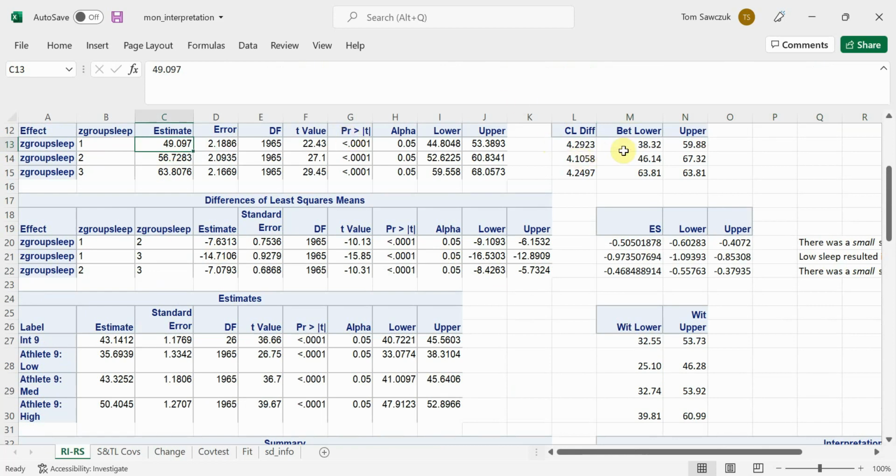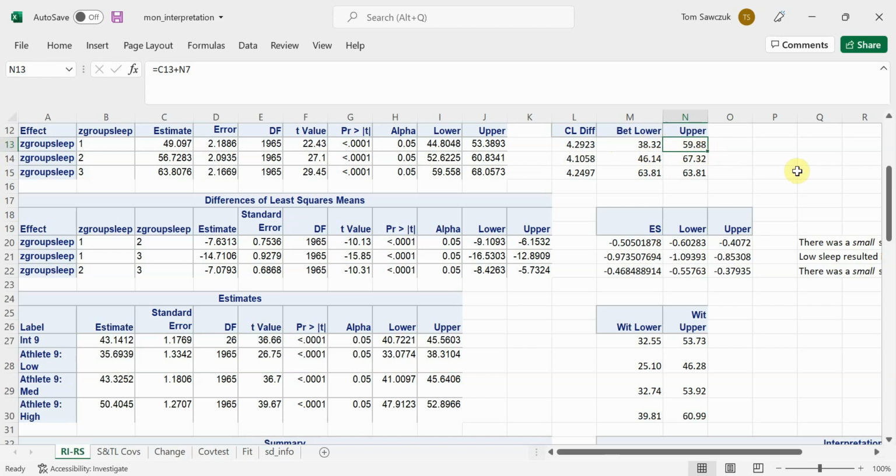And then a typical athlete could have 49.1 minus the between athlete standard deviation, so 38.32, all the way up to 49.1 plus the between athlete standard deviation, which makes it 59.88.